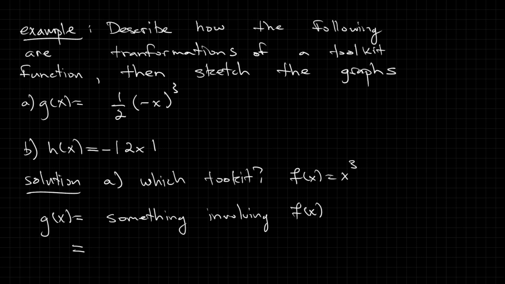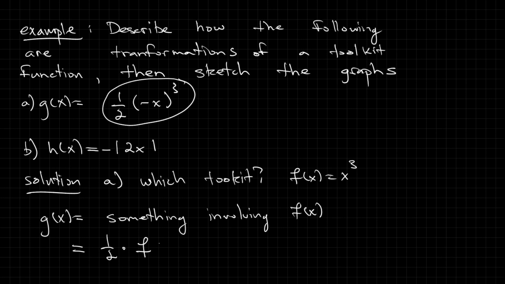So I look and I see on the right-hand side that I have this 1/2 and it's multiplying something cubed. f of x is the operation that cubes. So if 1/2 is multiplying something cubed, then I'm going to have f here.